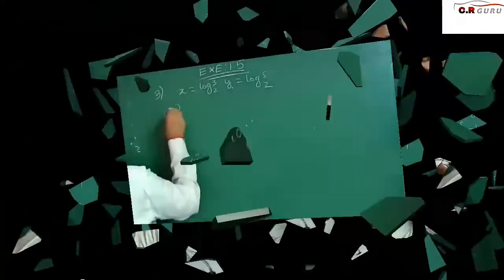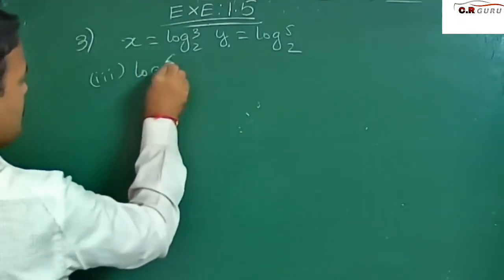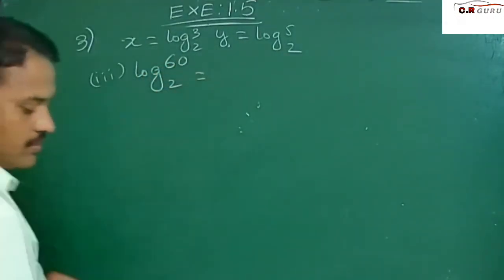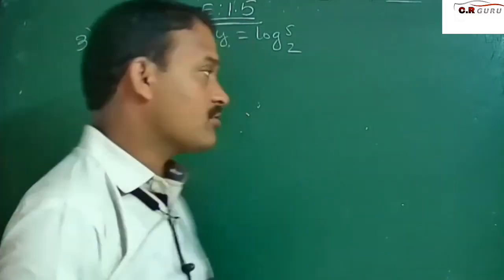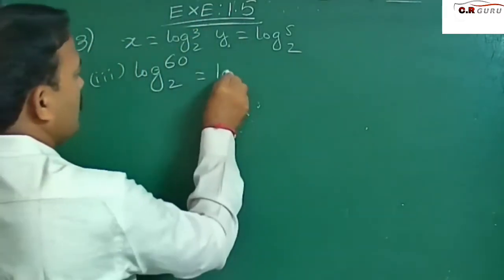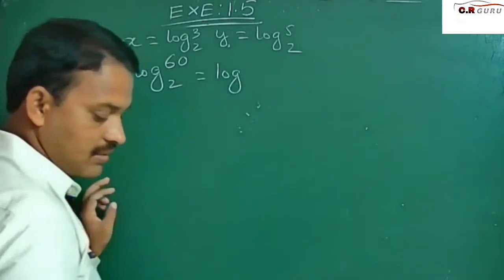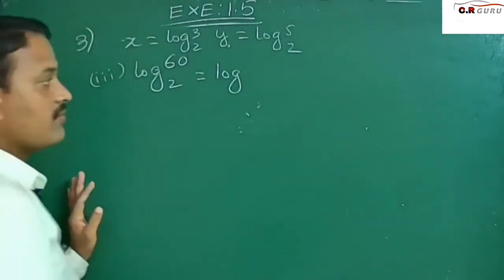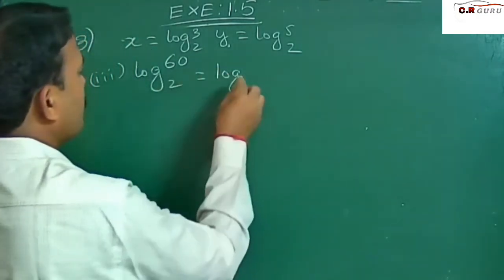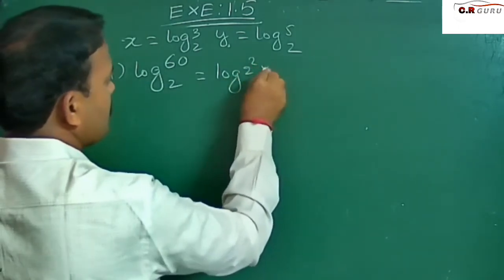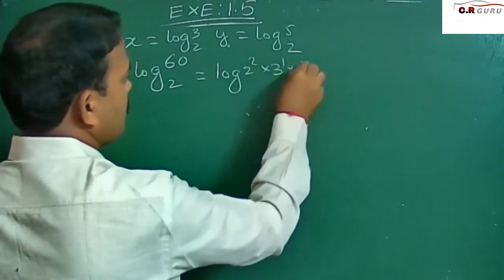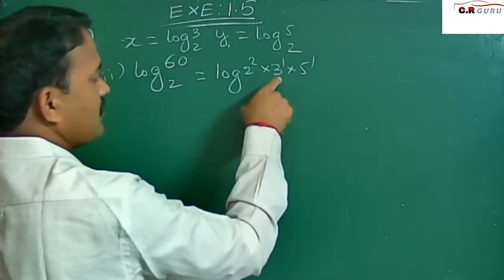The next is log of 60 base 2. The prime factors of 60 are 2 square into 3 power 1 into 5 power 1: 4 times 3 is 12, 12 times 5 is 60.